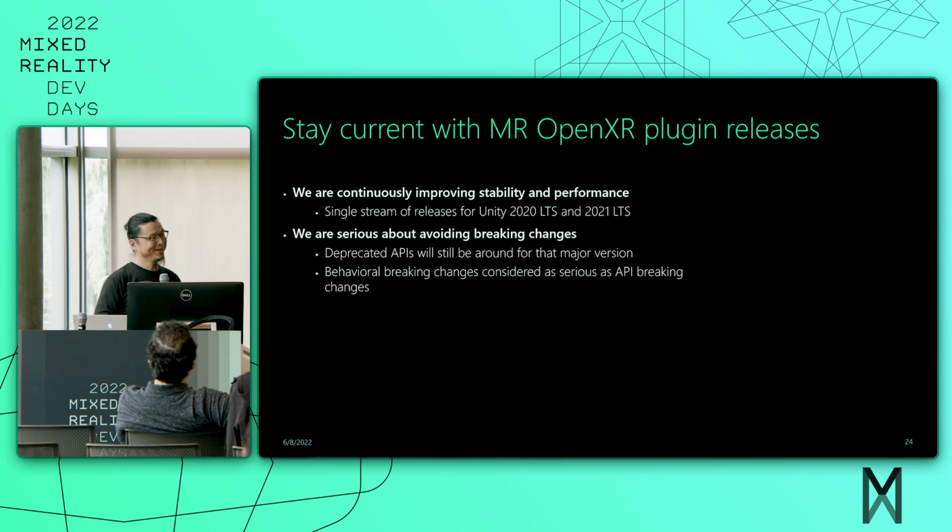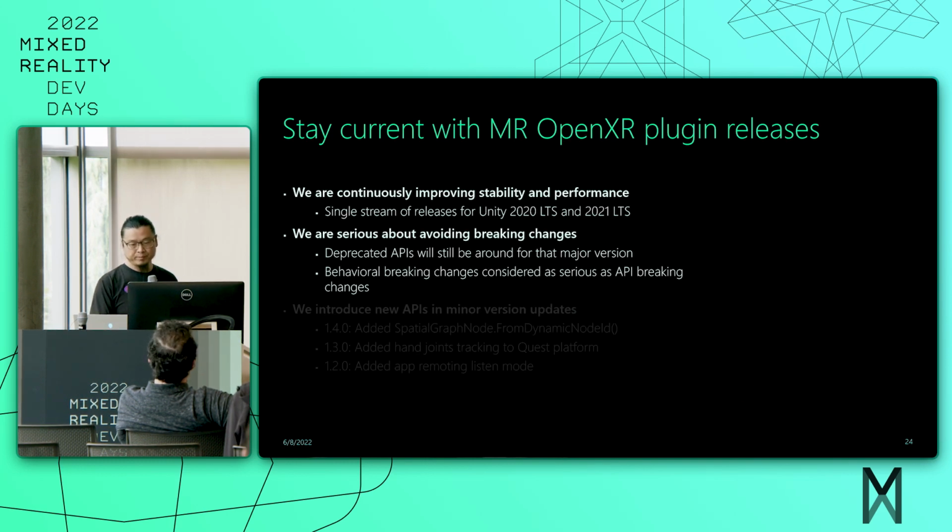Any deprecated API will still be available unless we make a major version change, which we have not done yet. These deprecated APIs will give you a warning and tell you about the replacement, but the API will still be functioning for you to use. And we are also considering all behavioral changes as serious as any API breaking changes, so that you will not get surprises when you're picking up the new version.